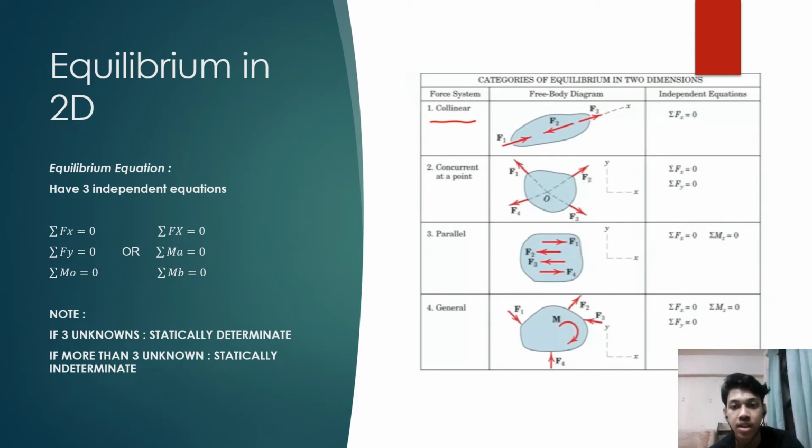Meanwhile, for concurrent at a point, this is the free body diagram. It has two axes, so the summation of Fx is equal to 0 and the summation of Fy is equal to 0.